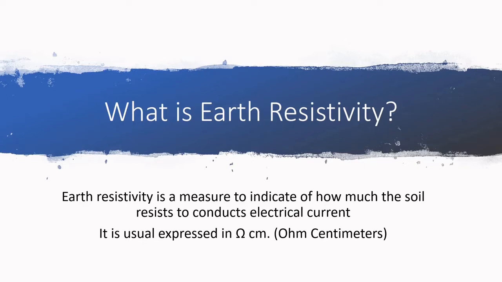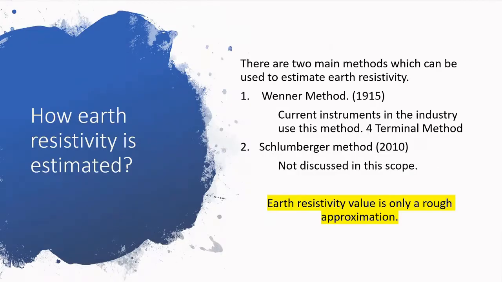So in the next lecture slide, we are going to know how this earth resistivity is measured using various methods. So these are the two main methods we are going to use in industry to estimate earth resistivity. The first method is called Wenner method, which was introduced in 1915 by Dr. Frank Wenner. This is the standard method we are going to use in the industry. Most of the instruments in the market use this Wenner method to estimate the earth or soil resistivity.